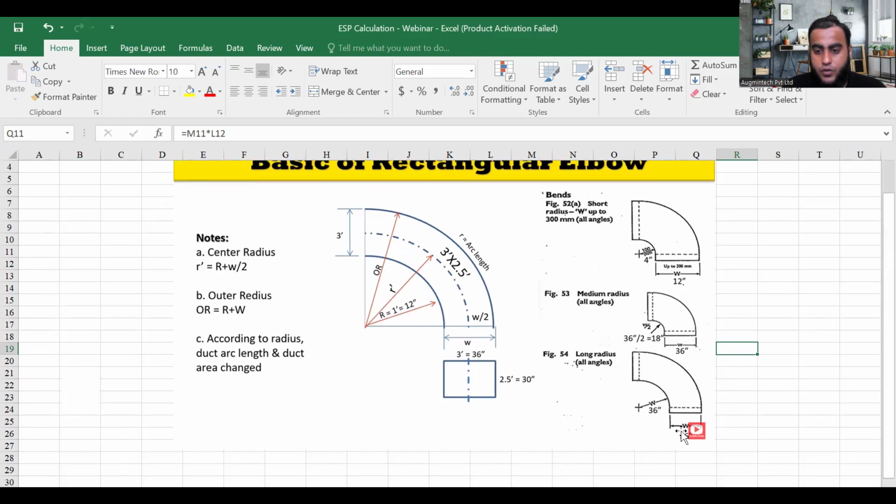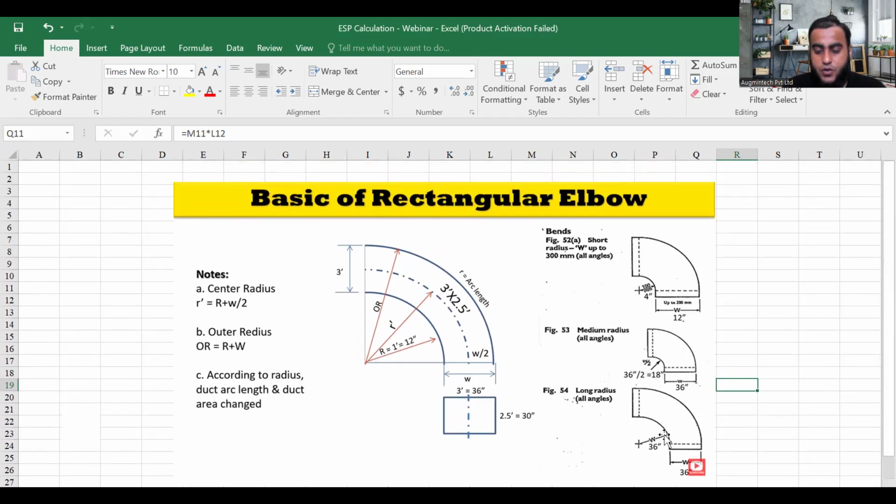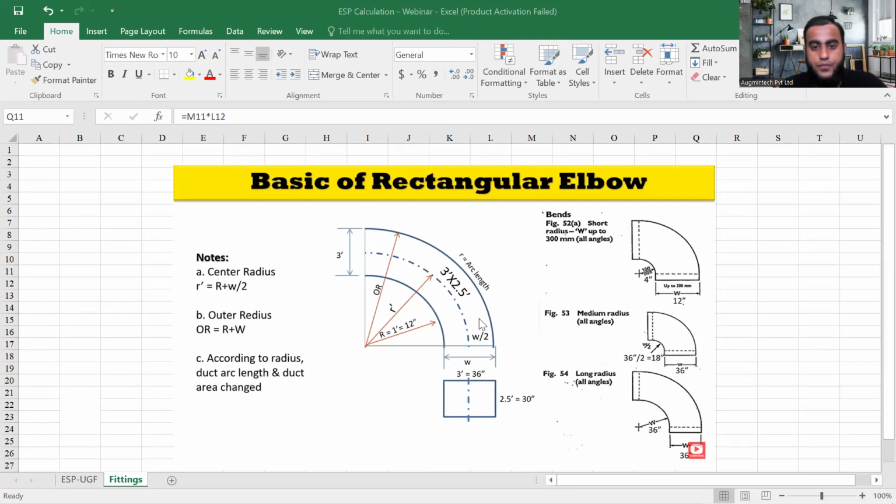See, whatever your width is there now, 36-inch duct width, same is your radius. Okay. Understood, or will explain you in detail? Tell me. See, I will show you. In our case, how much center radius elbow we got. Okay. Each and everything we'll discuss here.